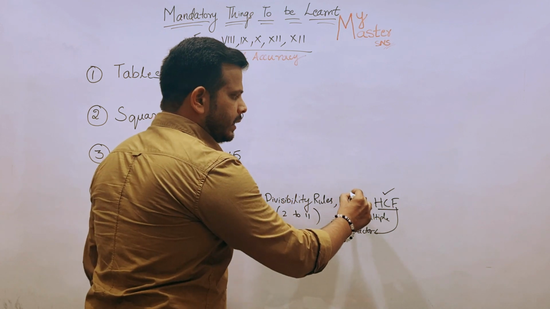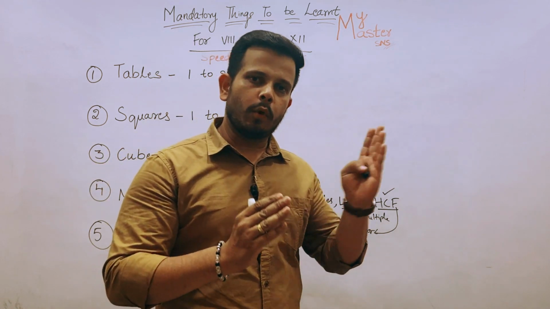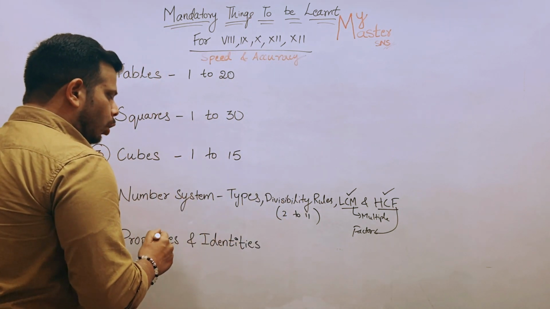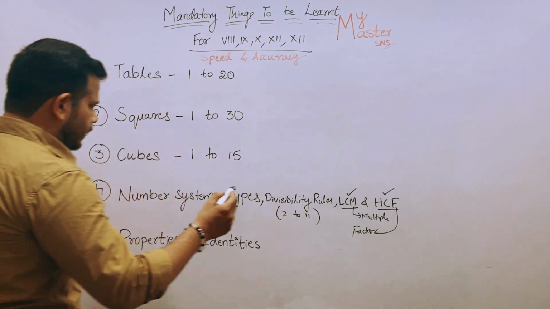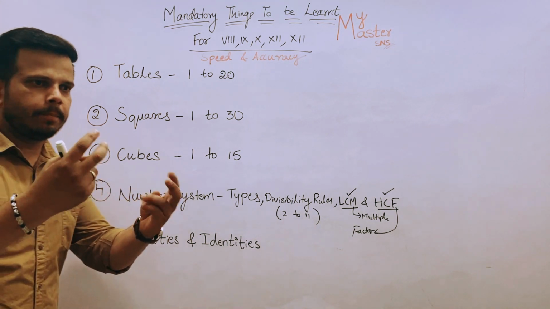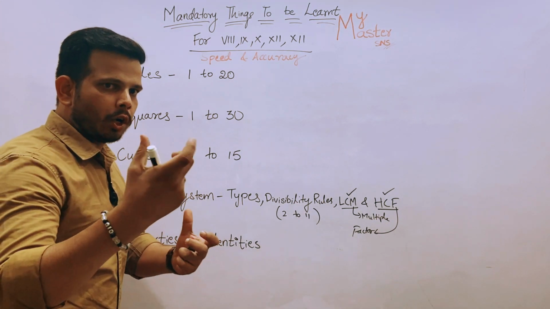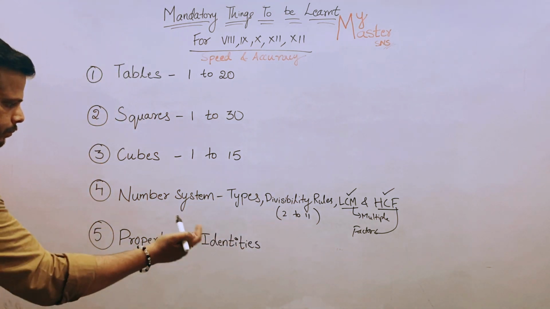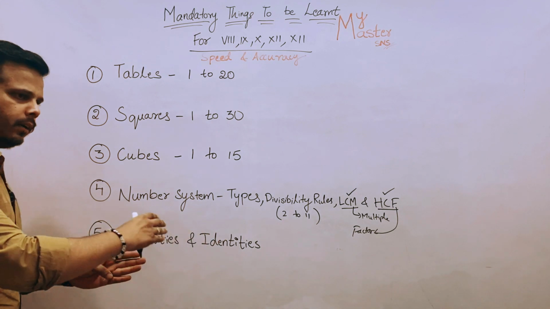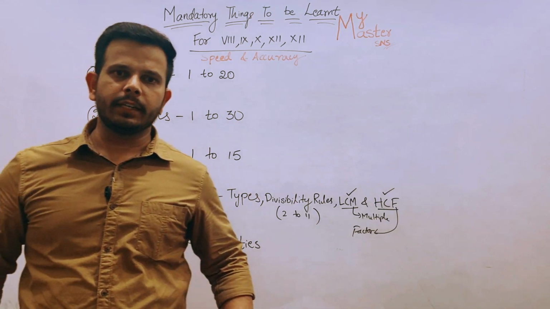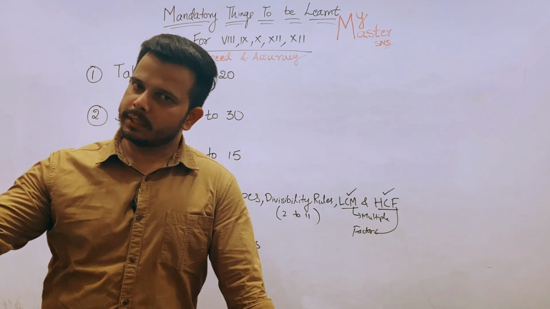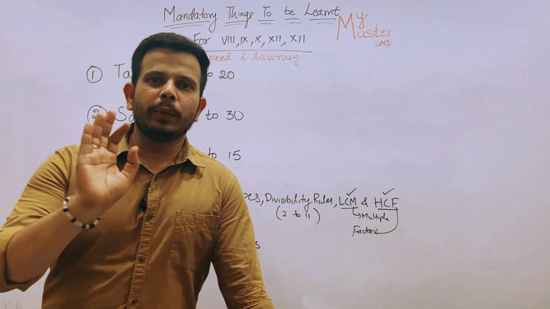LCM, I will make you understand what these are. And also I will be discussing the fifth part. Be a little bit more conscious. In properties and identities, there are hundreds of properties and identities, but for your 8th, 9th, 10th, 11th, 12th standards, you need only 40.